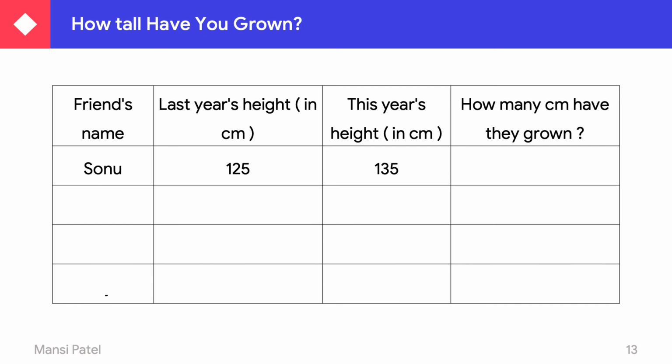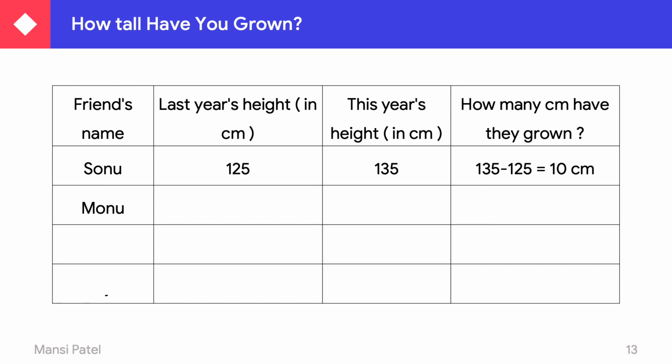This year's height is 135 centimeter. Now you have to do the subtraction of these both numbers. 135 minus 125 centimeter is equal to 10 centimeter. So we can say that Sonu has grown by 10 centimeter.